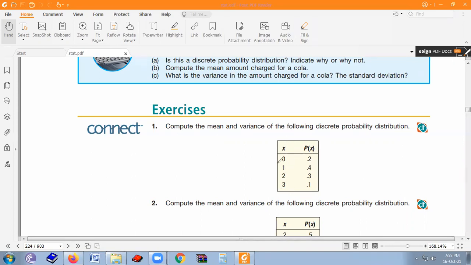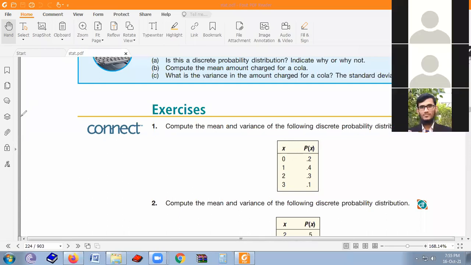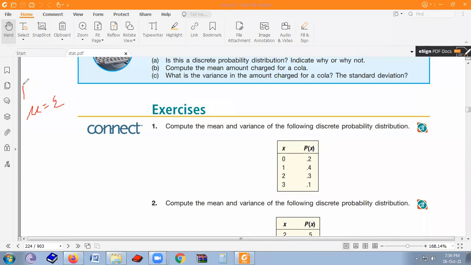Our formula for mean mu is the sum of x into probability of x. Now we put the values: the first value of x is 0 and the probability is 0.2.